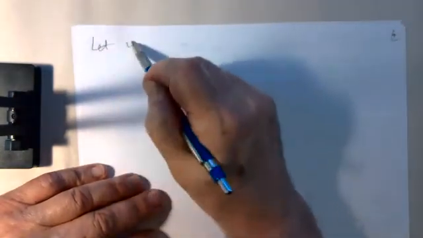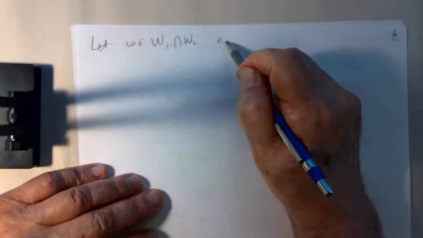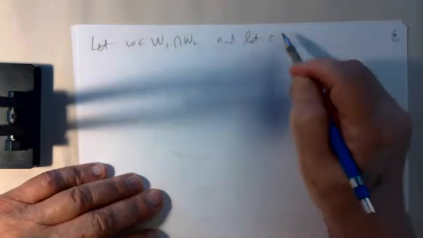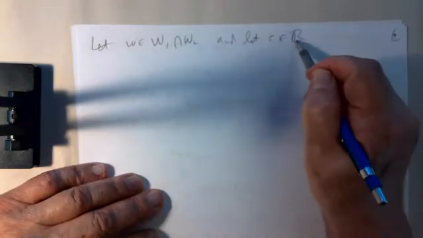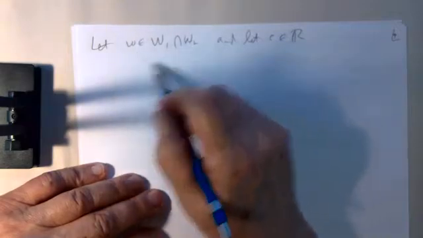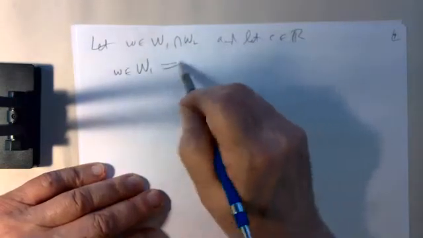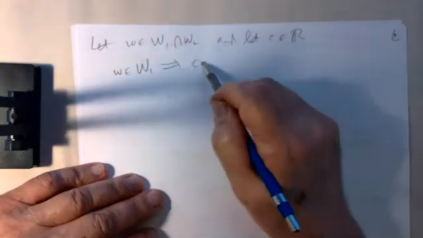So let W be any vector in W1 intersect W2, and let C be any scalar, some real number, in R. So if W is in W1 intersect W2, W is in W1, which is a subspace, so C times W is in W1.